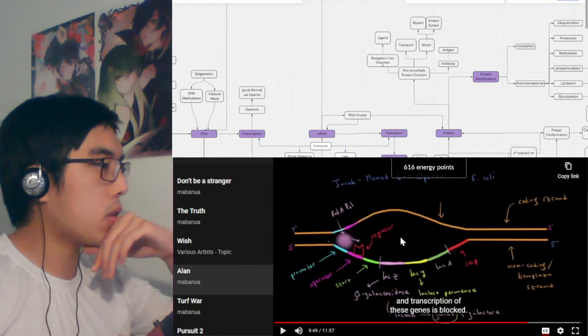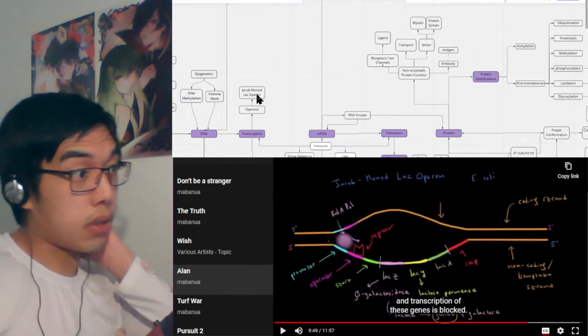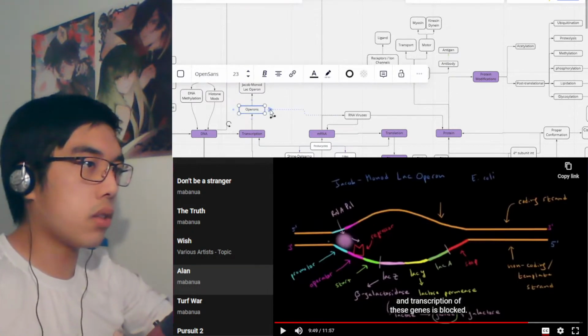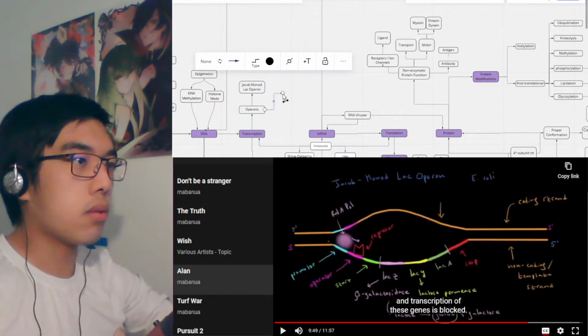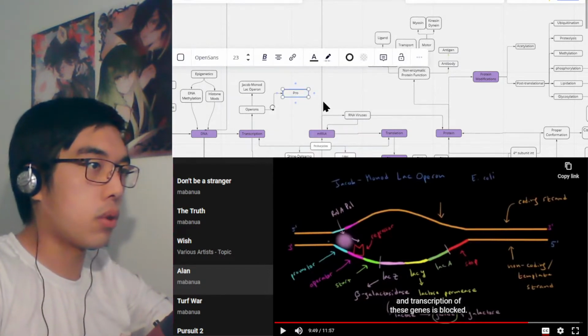Promoter, operator, start, repressor. I guess we can talk about the different elements of the operon system. Well, not system, just kind of a line of stuff happening. We've got the promoter.